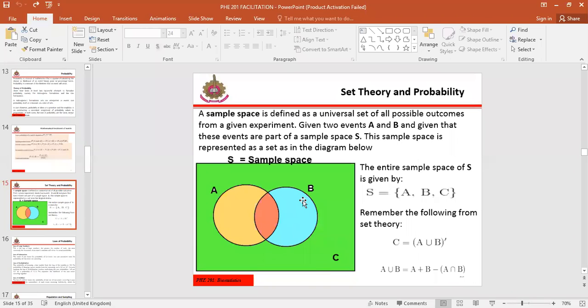Now, don't forget that those A and B are also included in C, because C is your total people, the total patients that came to your health facility. What we are saying is that A and B too are included in C, but you want to know the sole people that come for malaria and typhoid fever alone.